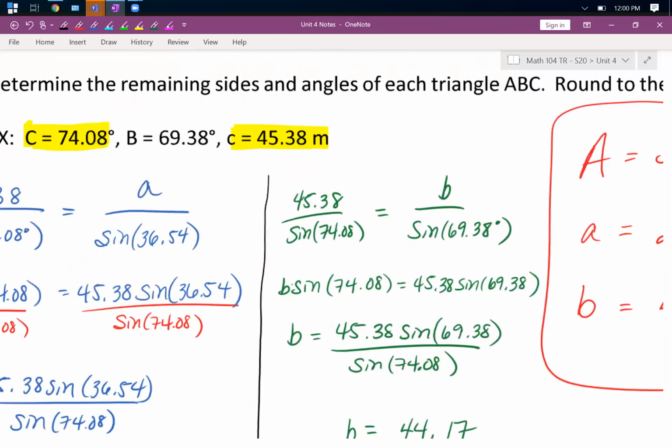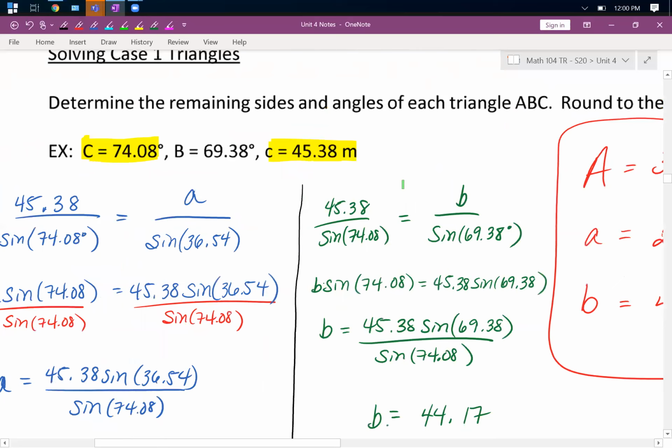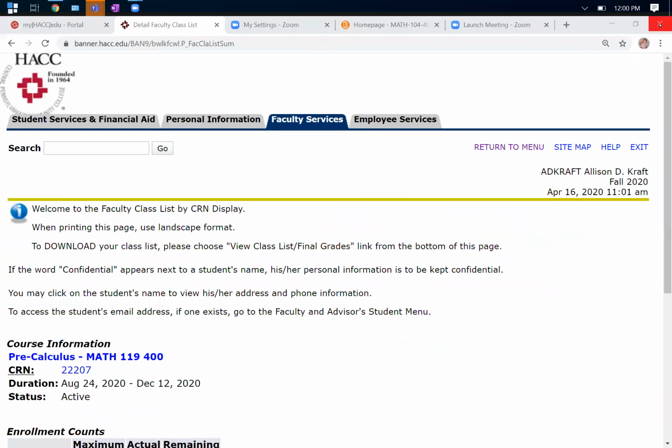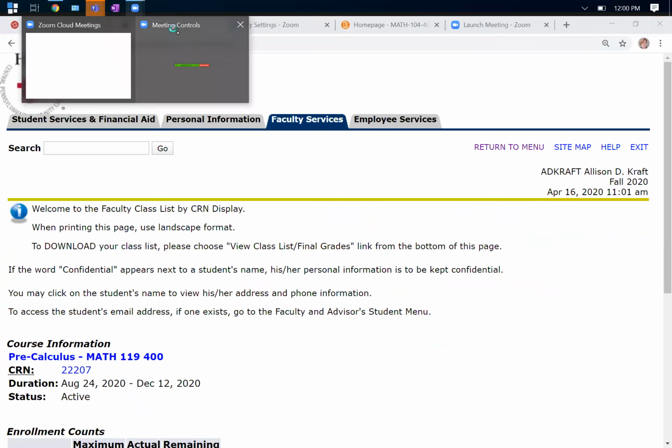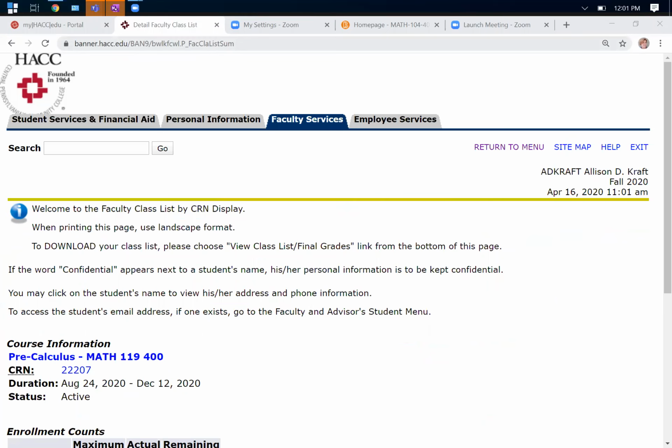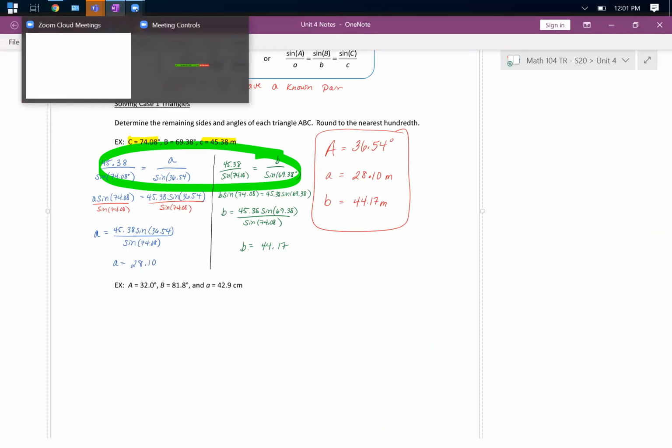Now, some of you may have noticed in this first step when I was solving, these first steps here, cross multiplying, hold on. Okay.